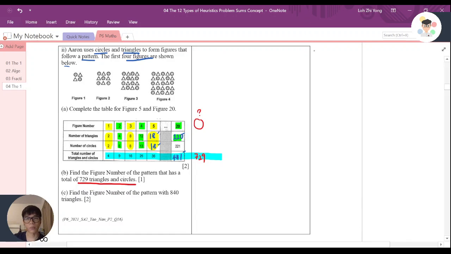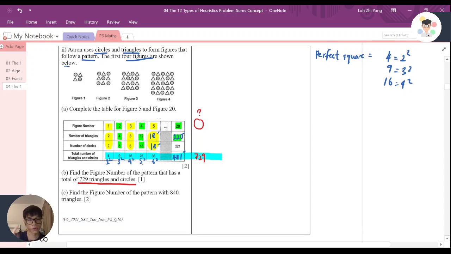All of these are called perfect numbers. Not perfect number, perfect square, sorry. Perfect square basically means a number that comes from squaring. Example, 4 is actually 2 squared, 9 is 3 squared, 16 is 4 squared. So you can see here is 2 squared, 3 squared, 4 squared, 5 squared, 6 squared.